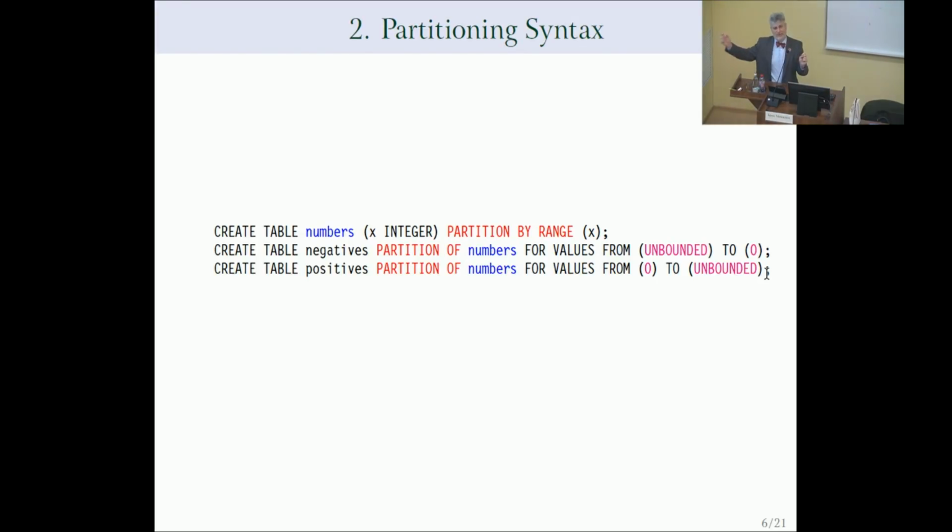Because you couldn't put enough nines to be sure you got all of the numbers. So we had a long discussion about this. Again, integers are easy, but when you start to talk about a floating point number or a timestamp, doing exclusive on both sides would have been very hard. So we decided on inclusive at the beginning and exclusive at the end. And that was probably the simplest syntax we could come up with.